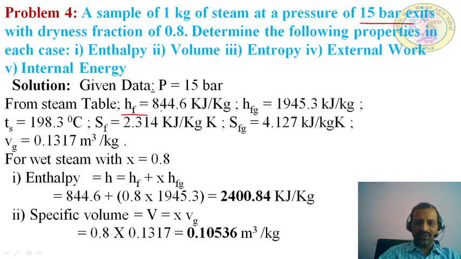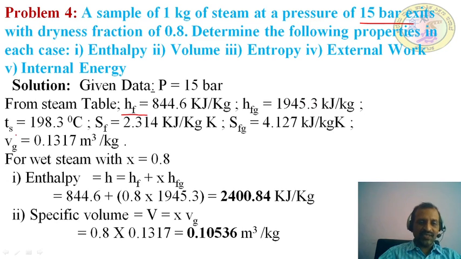Remember, whatever is given in the steam table are experimentally calculated values for 1 kg of steam. hf is 844.6 kilojoules per kg. Then hfg is equal to 1945.3 kilojoules per kg.